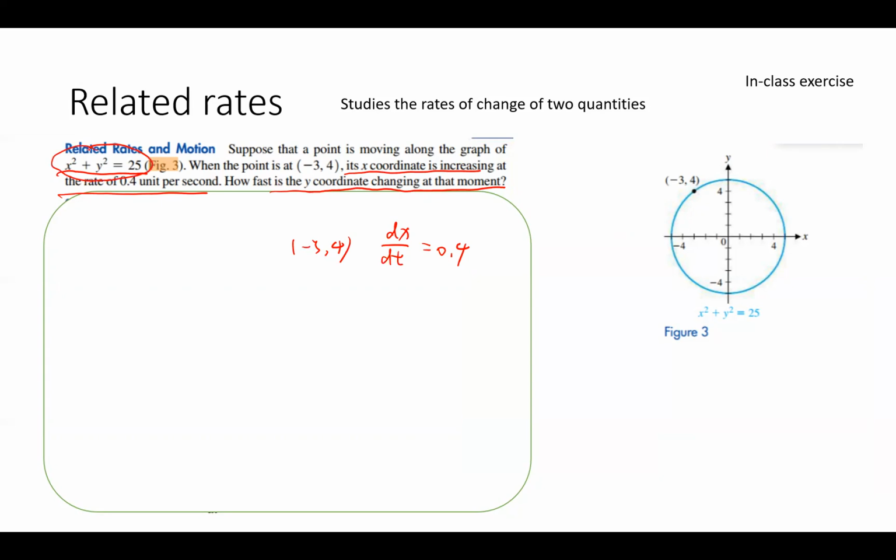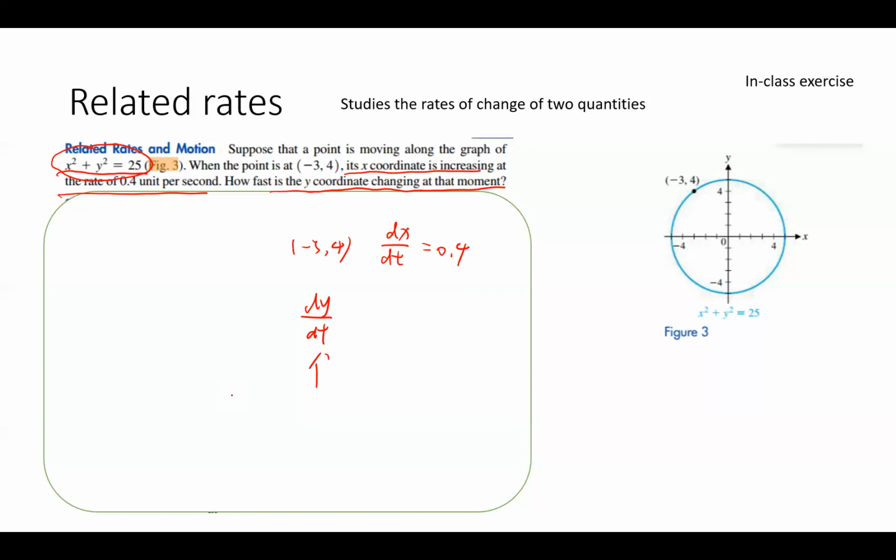So we can differentiate implicitly both sides, get an equation, and then plug in the numbers to get dy/dt. This is our target we want to solve, and just plugging in numbers we can solve for the relative change in y, which is the related rates, because now there are two variables involved.